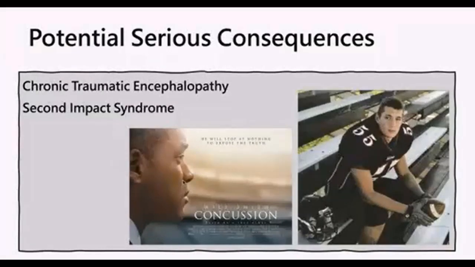And sometimes there are even more serious consequences, for example, second impact syndrome. It's still quite debatable, but there is some evidence suggesting that after the first head injury, if you didn't manage it well and you let the athlete go back on court too quickly, then after a second impact, although the second impact is really light, for example, just shoulder bumping into shoulder, there will be devastating consequences.